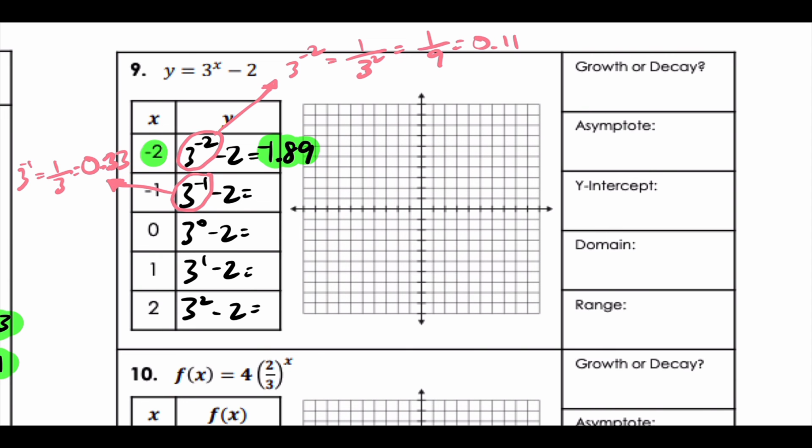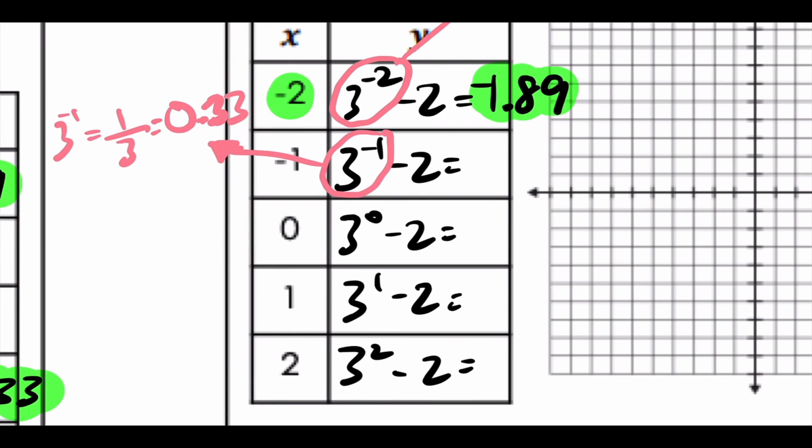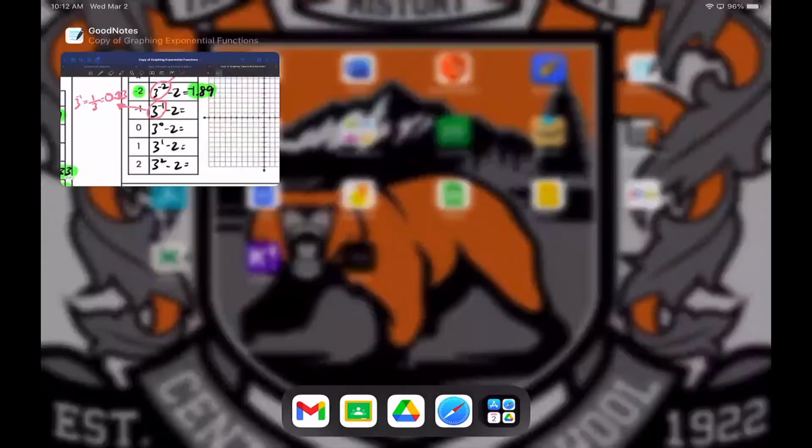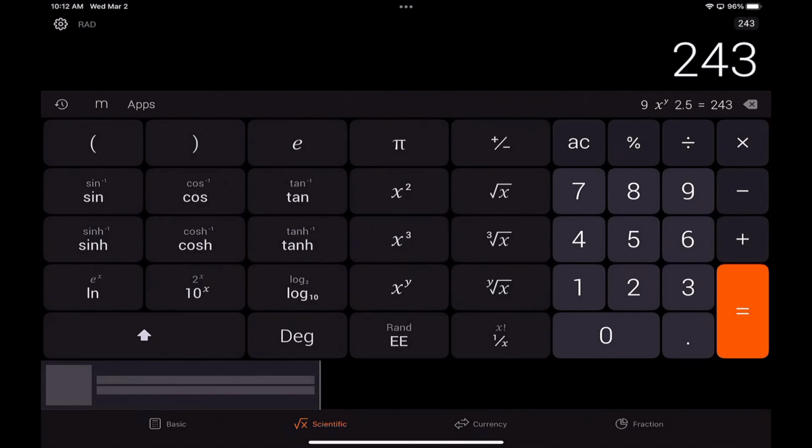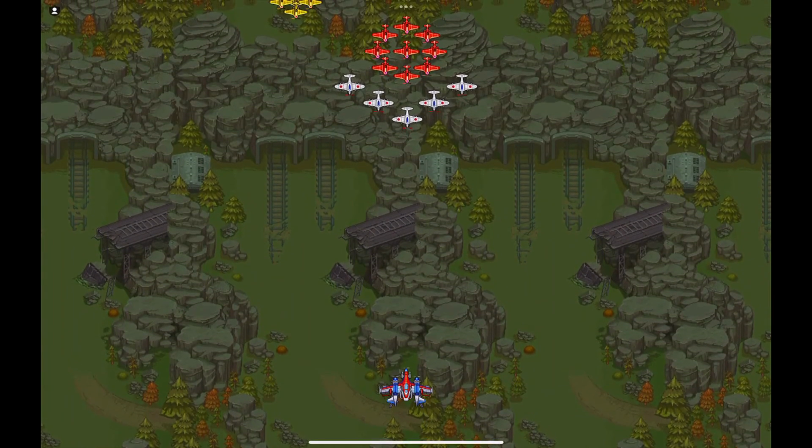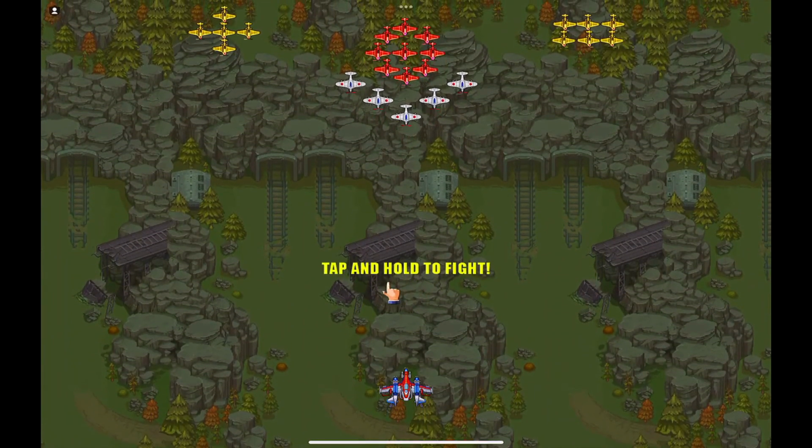The next one, 3 to the negative 1, is 1 over 3 to the first power, which is 1/3. 1/3 is 0.33. If I divide on my calculator, 1 divided by 3, it's 0.33.